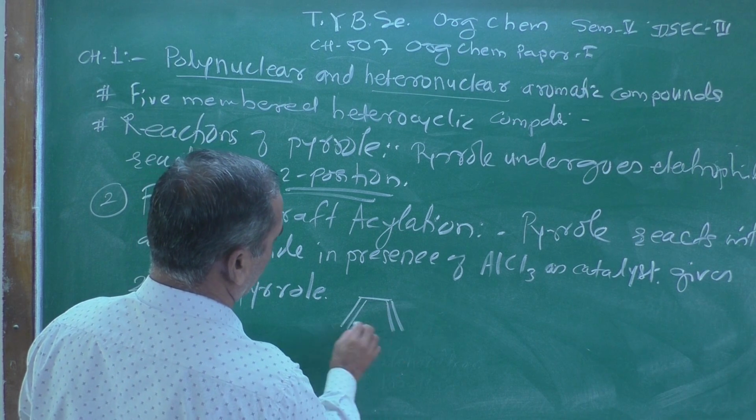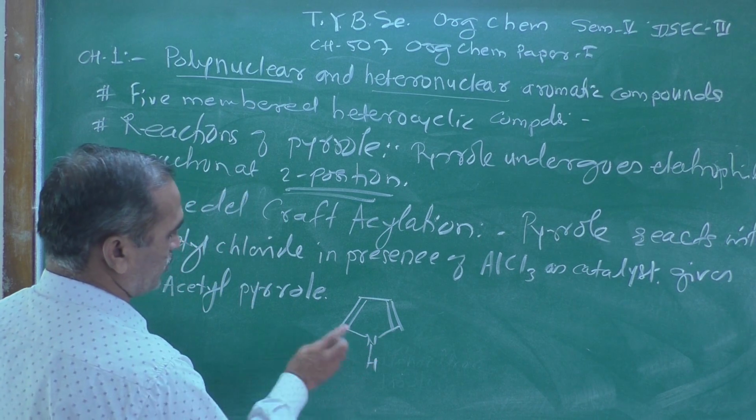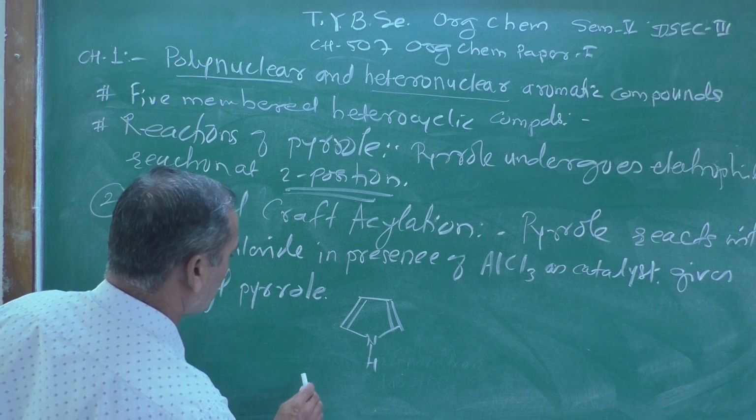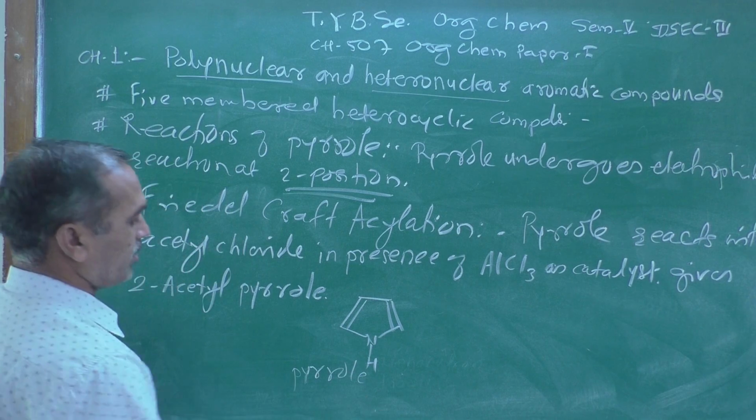As we know that this is a 5-membered ring, and nitrogen has 3 bonds, so 1 hydrogen atom is there, and therefore this is the structure of pyrrole, right?